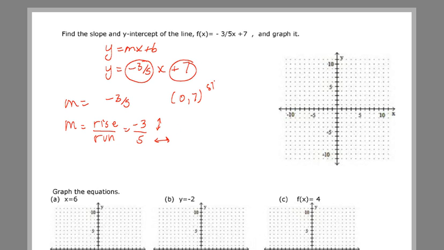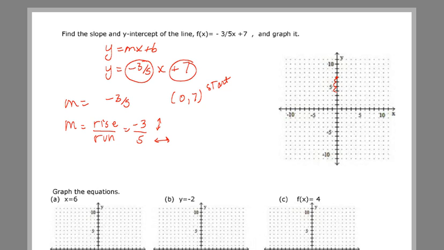We're going to start at the y-intercept, 0, 7, right there. Then from that point, we can do the rise and the run and find another point on our line. So from this point where I'm going to start at 0, 7, I'm going to rise down 3, 1, 2, 3.